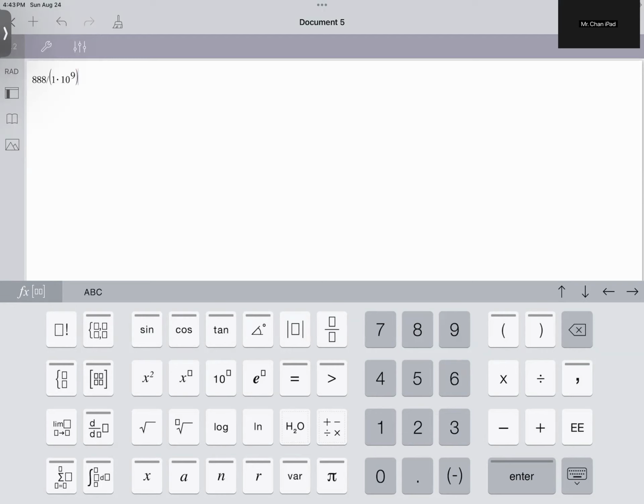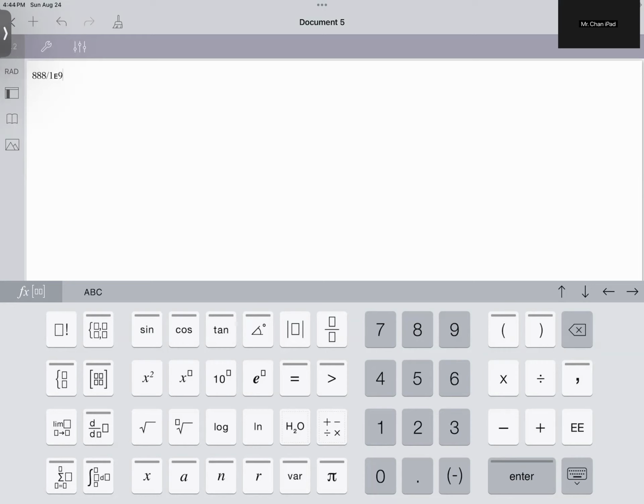Or you can just do this: 1, and then can you see the EE button right here on the right? I will help you locate it on your calculator. If you use a scientific calculator, the EE button is right there.